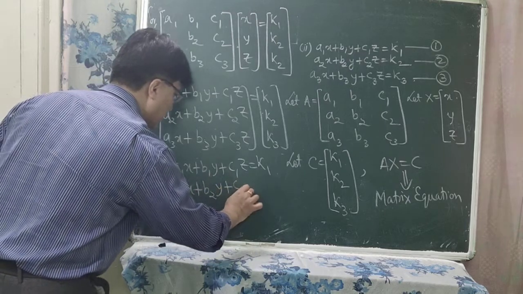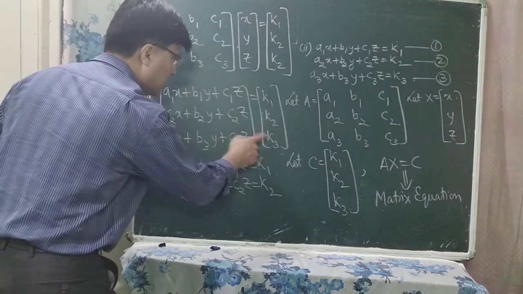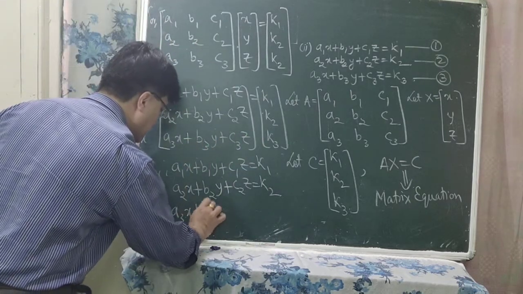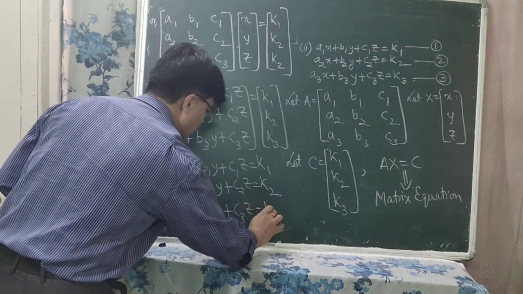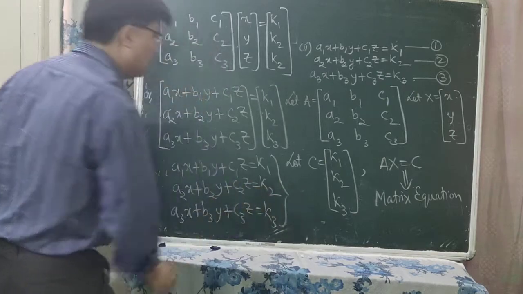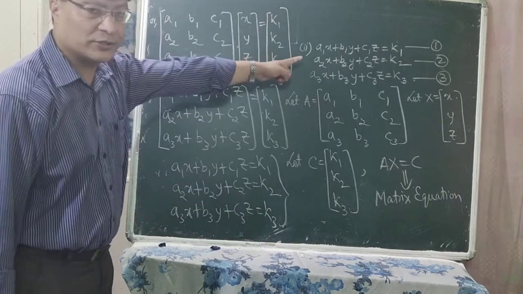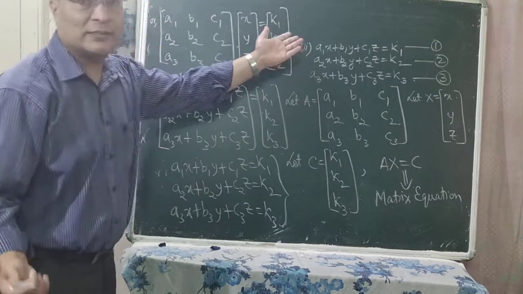A2x plus B2y plus C2z is equal to K2. Next, these third elements can be equated. That is A3x plus B3y plus C3z is equal to K3. So these are the answers. That means this is the given system of equations. So we have got this given system of equations, isn't it? You can compare it, they are the same.